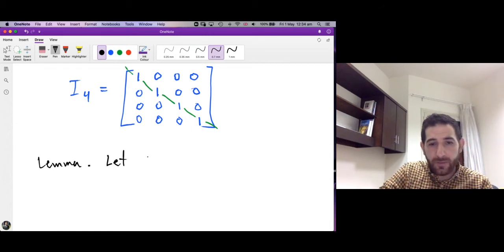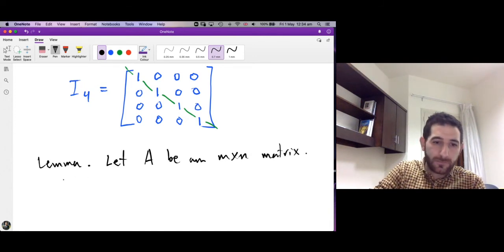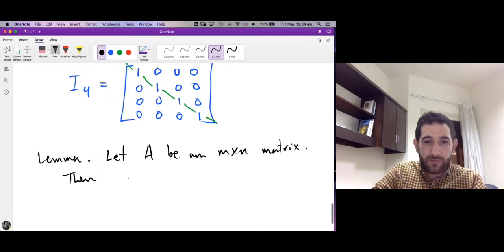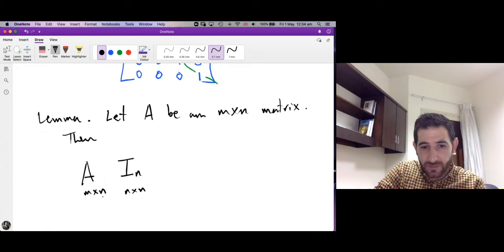Let A be an m by n matrix. So it has m rows and n columns. Then if you multiply A, notice that A has dimension m by n, so I need to multiply it by In, which has dimension n by n.